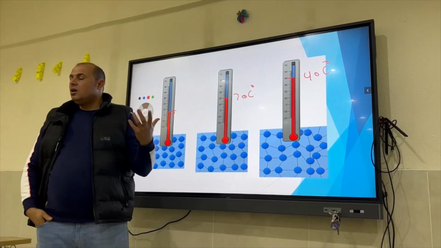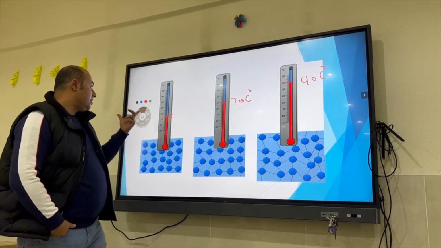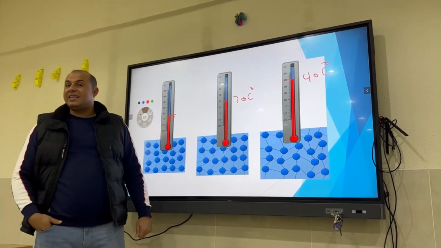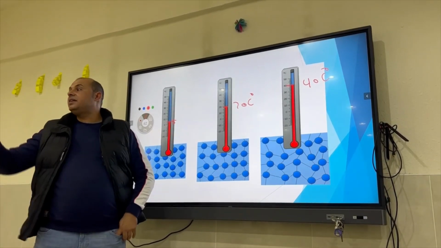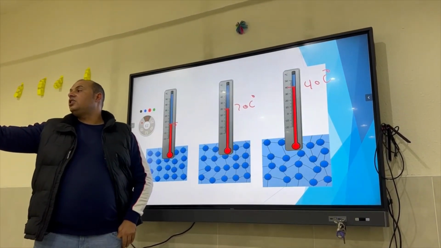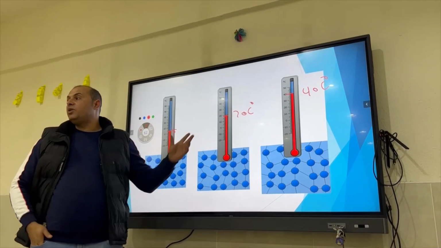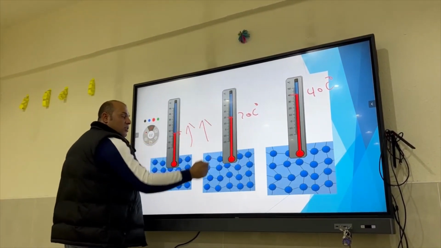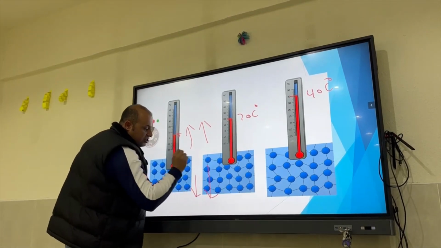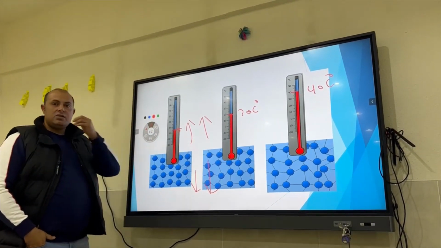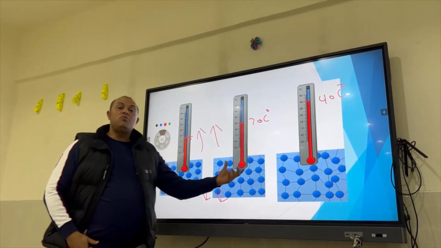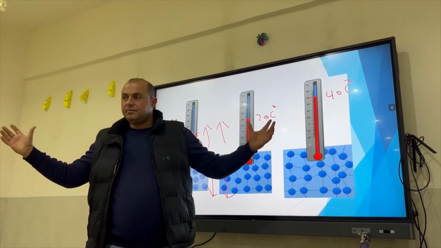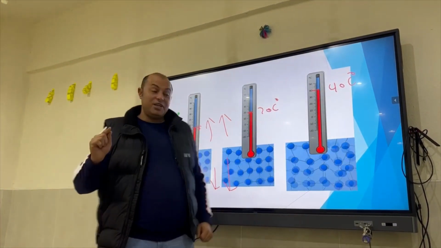So, who can tell me the relationship between temperature and the speed of particles, directly or inversely? Directly means they increase with each other or decrease with each other. When the speed of particles increases, what about the pressure?